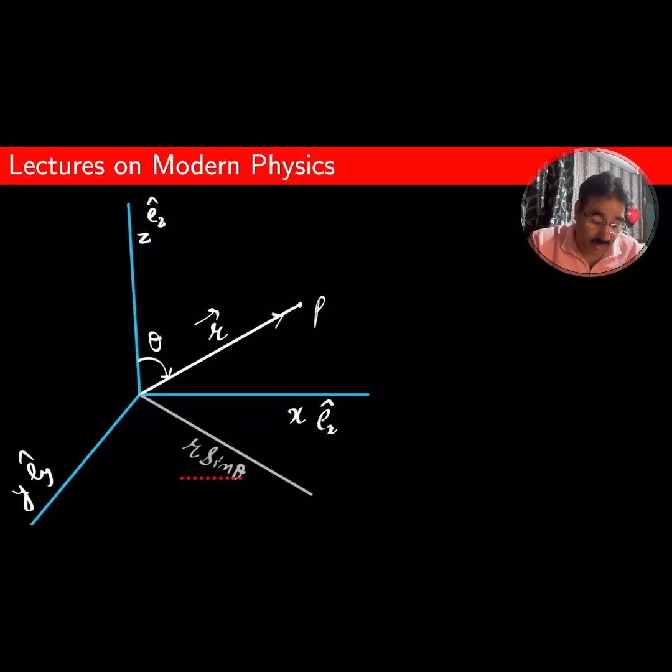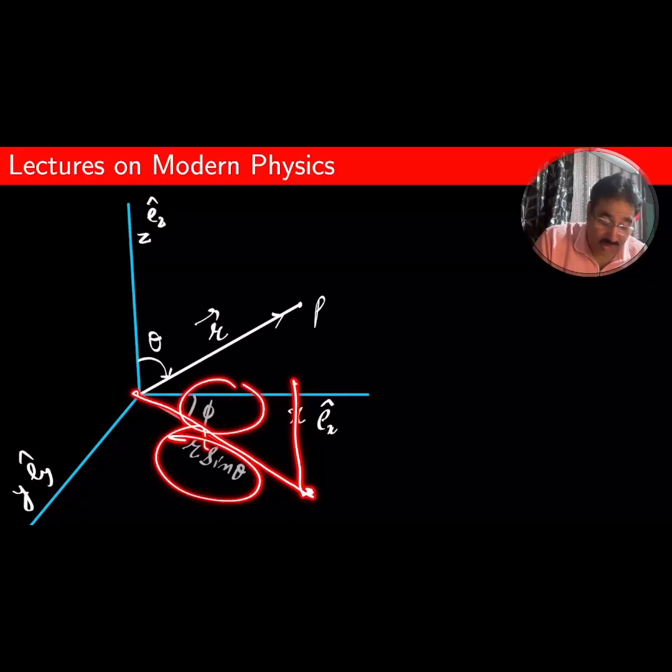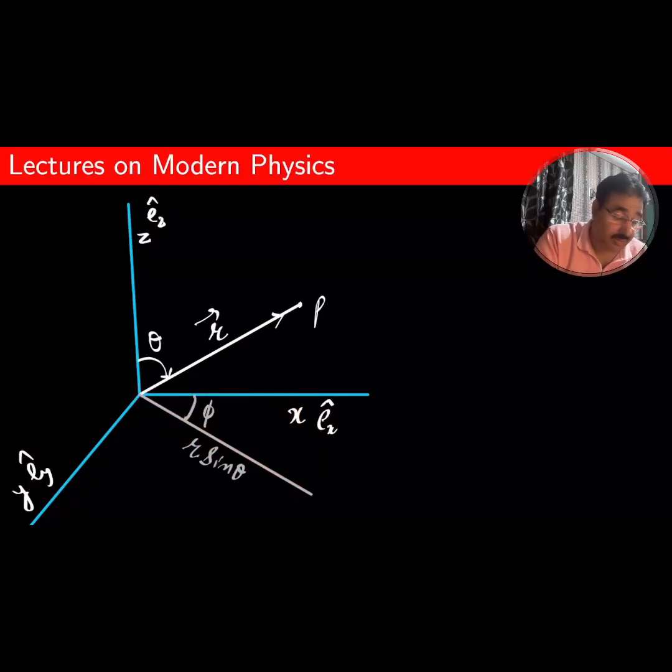This r sin theta has an orientation with respect to the x-axis, the phi angle. What is its projection on the x-axis? It is r sin theta cos phi. So x is r sin theta cos phi. And what would be its projection on the y-axis?